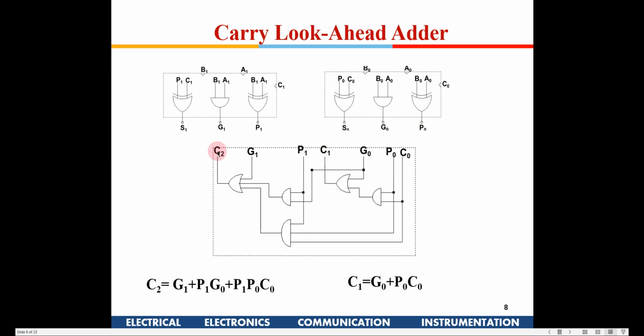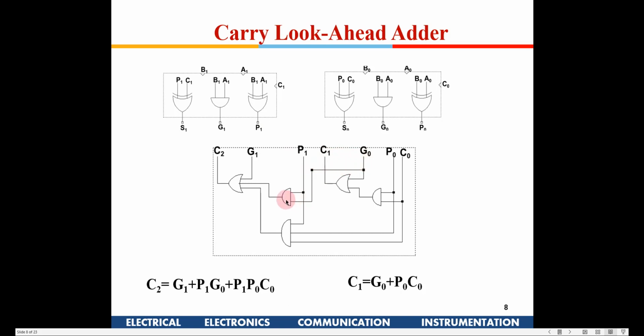What about C2? If you see C2, it's an OR gate out here from this expression, G1. So G1 will take 1 gate delay. So 1 plus 1, 2 gate delays. This path will have 2 gate delays. What about this path? Here, propagate 1, and there is a generate from the previous stage.